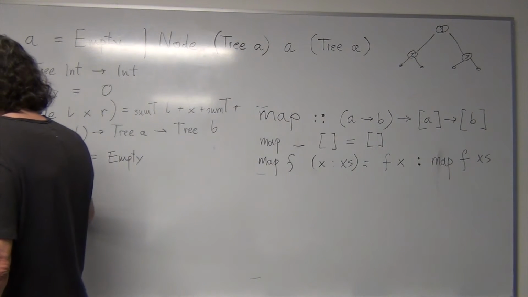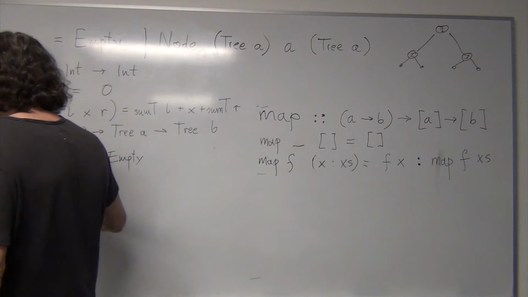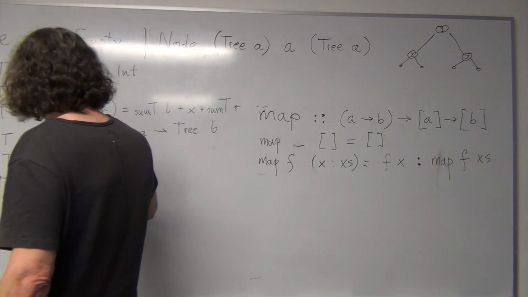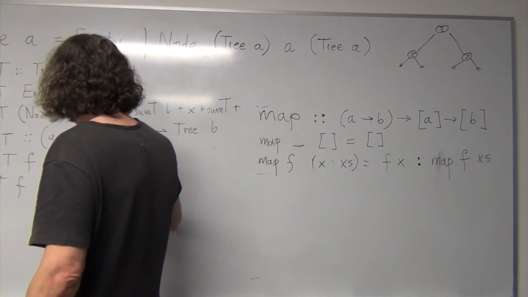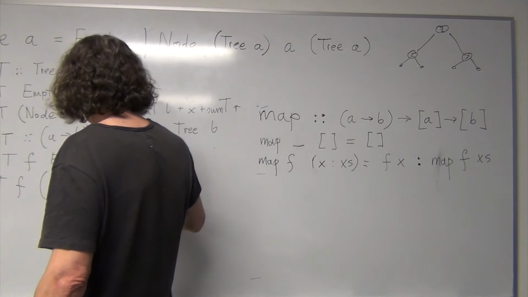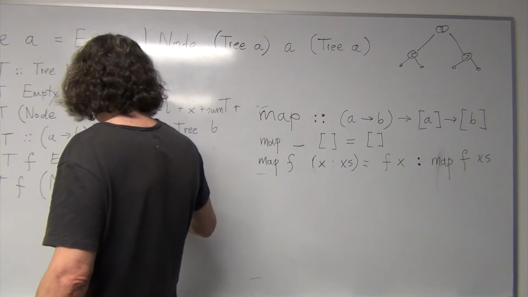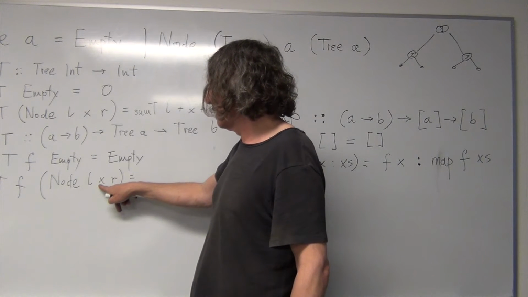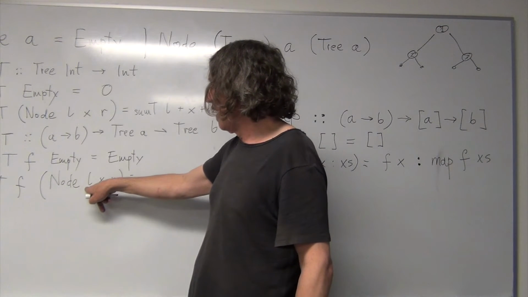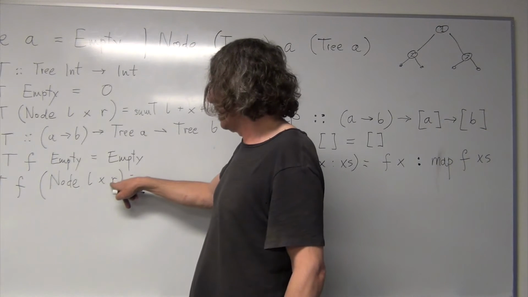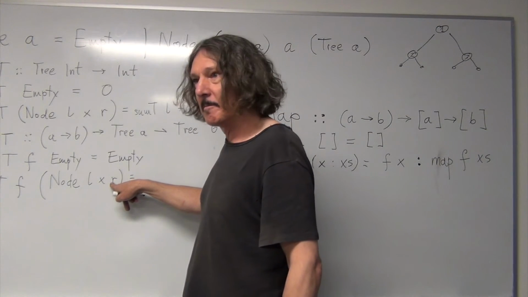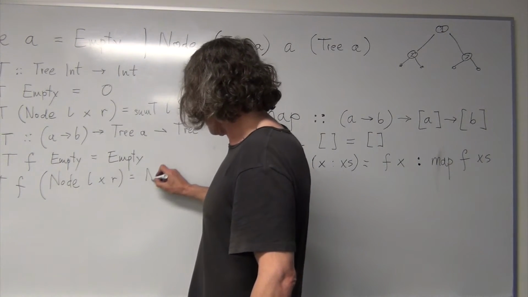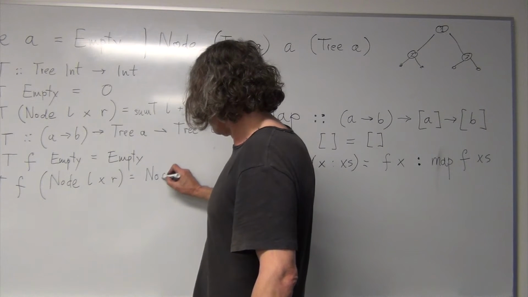But mapT of some function and a node is better, right? Because what do we have? We have to apply the function to this x, and we have to apply mapT to L, mapT to R, right? And reconstruct the node from these three things.